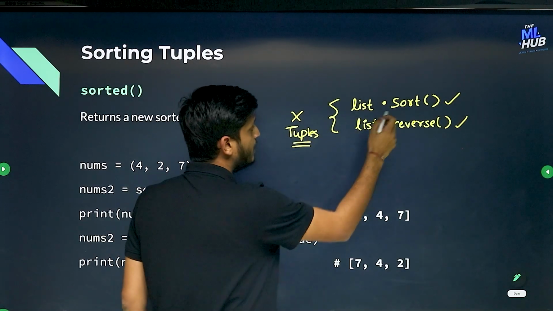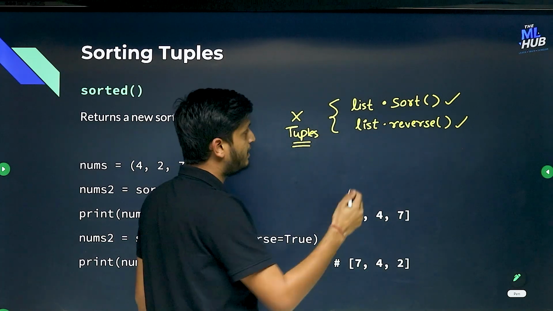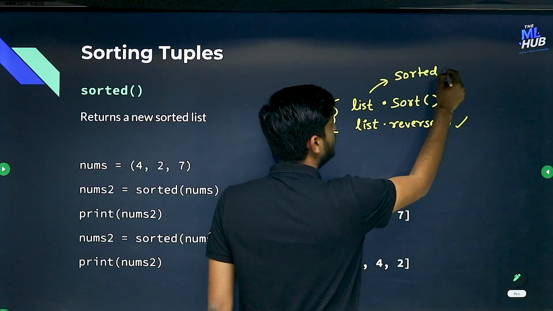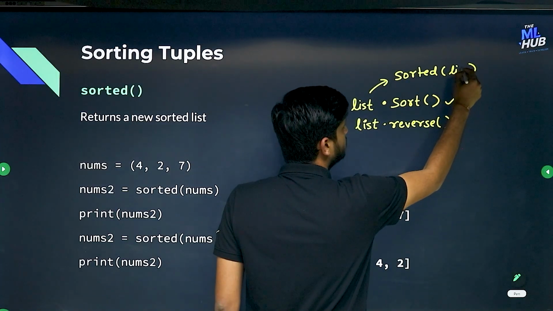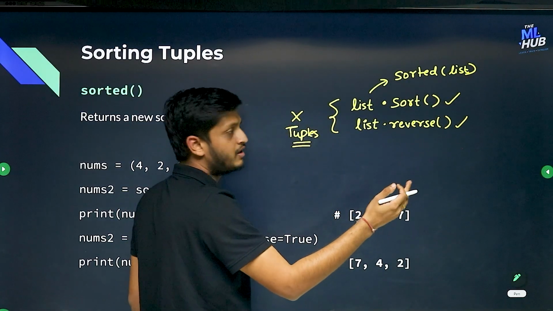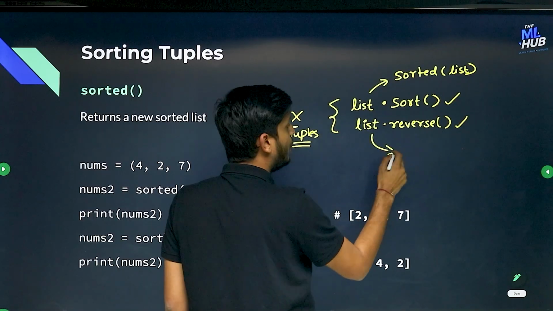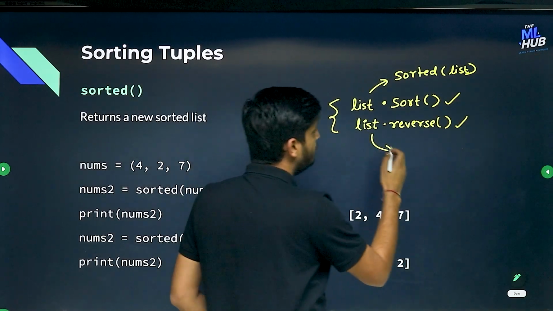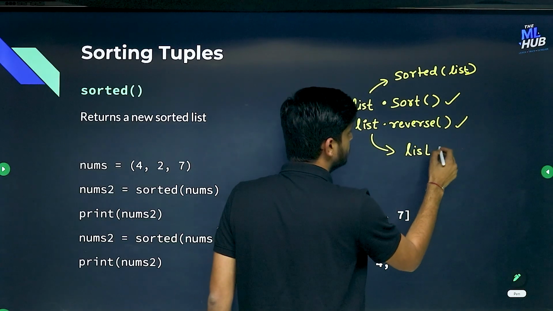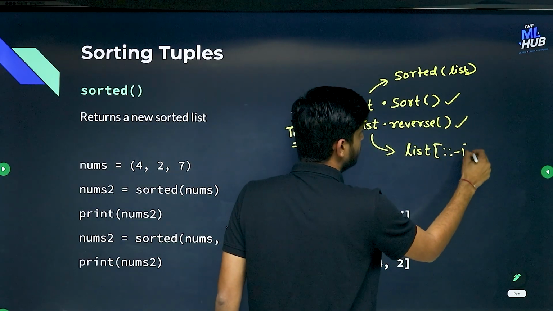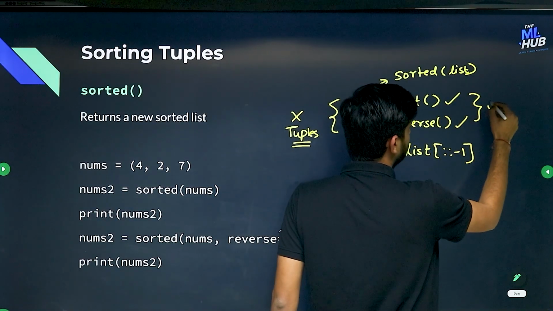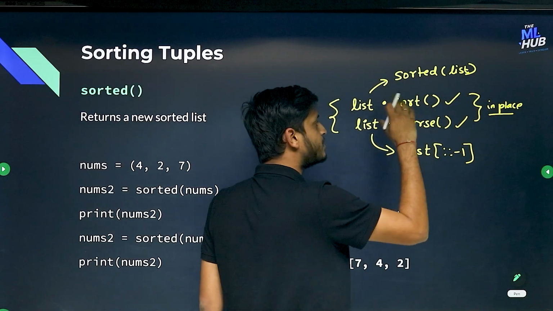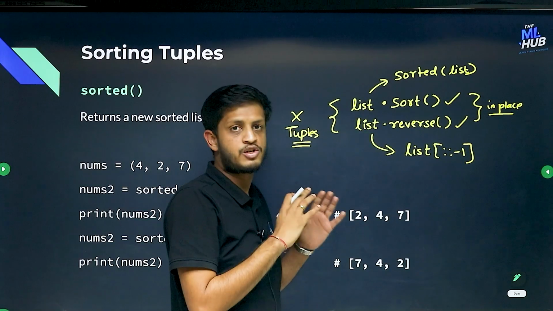If you have to do sorting and reversing out of place, in list we saw a function called sorted. That gives you a new list, right? It produces a new list. And similarly, if you have to reverse a list out of place, which means not at the same memory location, if you want to preserve the original list as well, we have seen we can use slicing. So these two are in place, which means at the same memory location this happens, or the same list is modified and the original list is not present now.